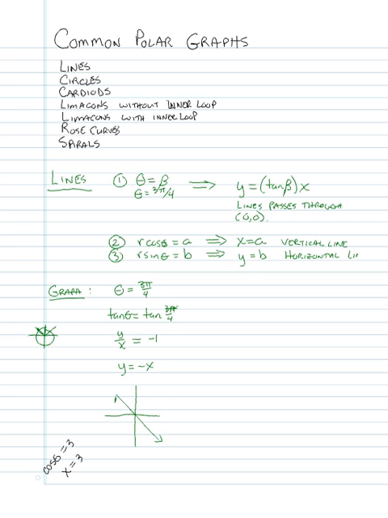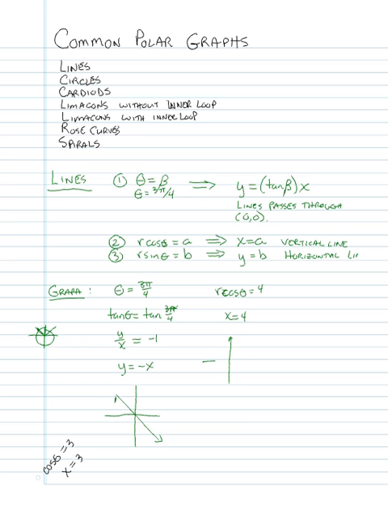Now, if we had a situation where we had r times cosine of theta equal to 4, the r cosine of theta, as we've seen before, can be replaced with x. So this is nothing more than x equal 4. And we know that's a vertical line through the value x equal 4.